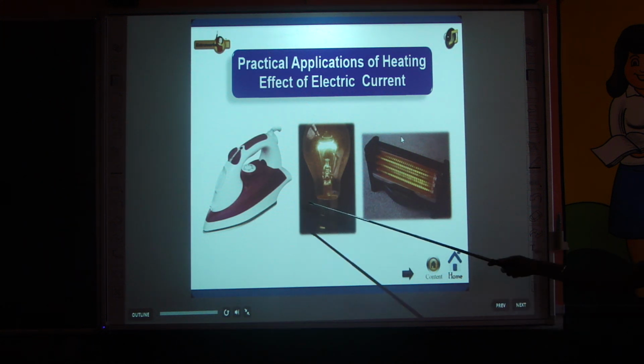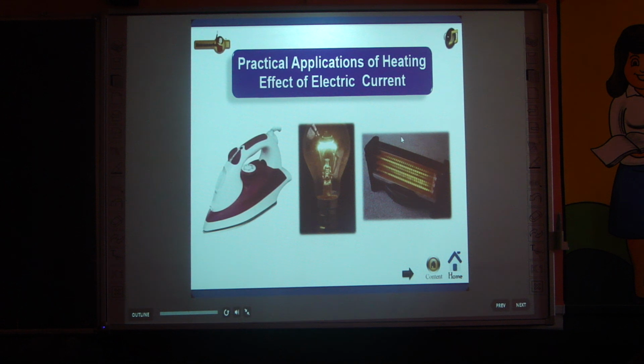For example, take an iron box. This consists of a wire element. When it is connected to a switch, the electrical energy gets converted into heat energy. The same happens in an electric bulb also. So these are the practical applications of the heating effect of electric current.